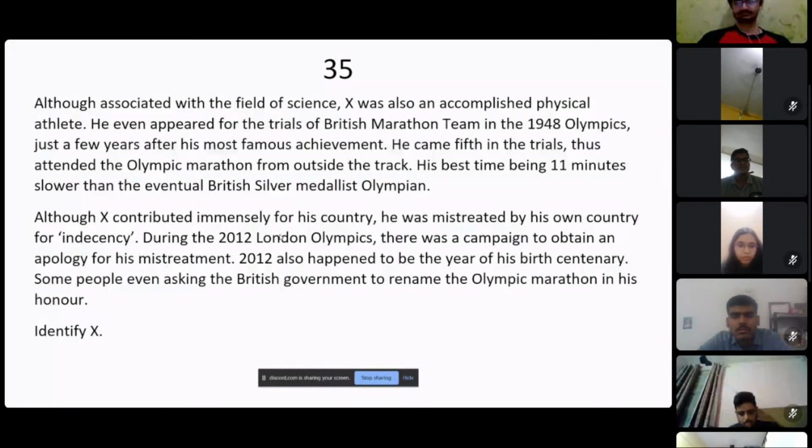During the 2012 London Olympics, there was a campaign to obtain an apology for his mistreatment. 2012 also happened to be the year of his birth centenary. Some people even asked the British government to rename the Olympic marathon in his honor. Identify this person X. We need the name of the person.